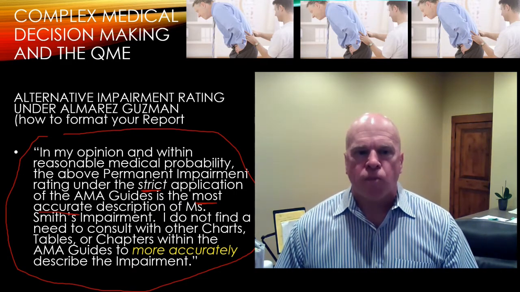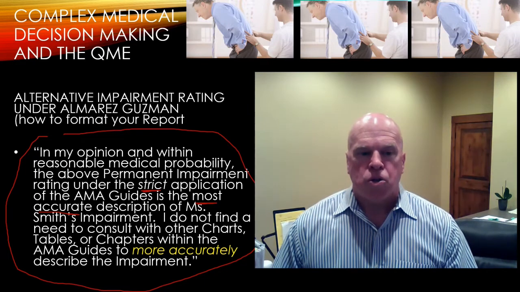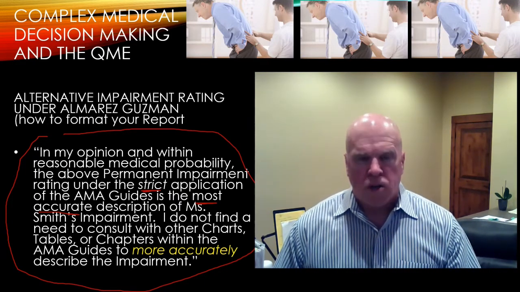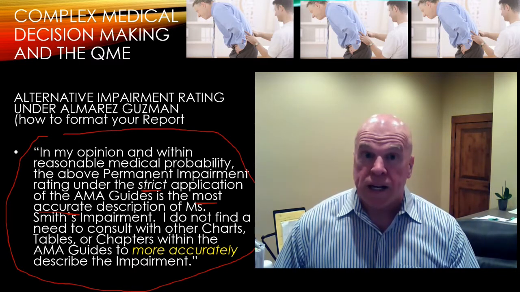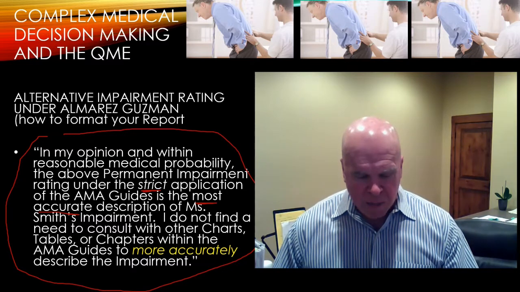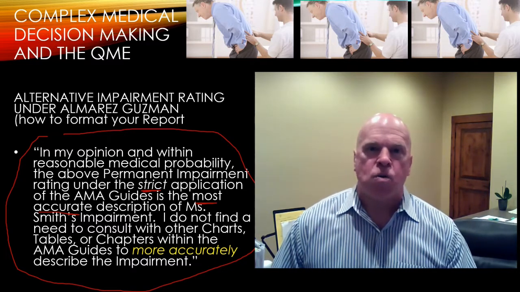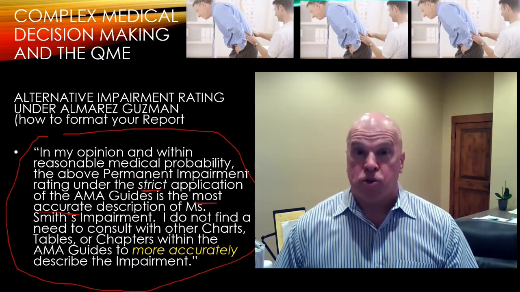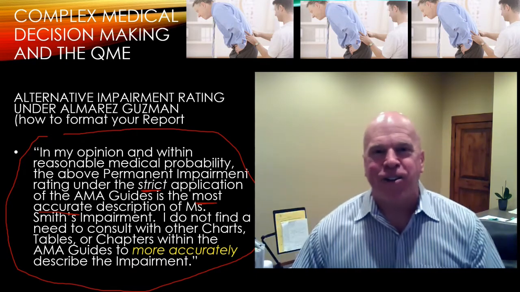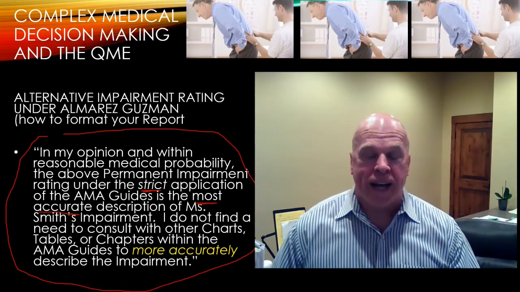Now, let's go on to review a couple of case examples that demonstrate these principles and talk about, number one, pain-related impairment, the 3% add-on for pain-related impairment. I'll share with you how three qualified medical evaluators in the same case handled that particular 3% pain add-on.